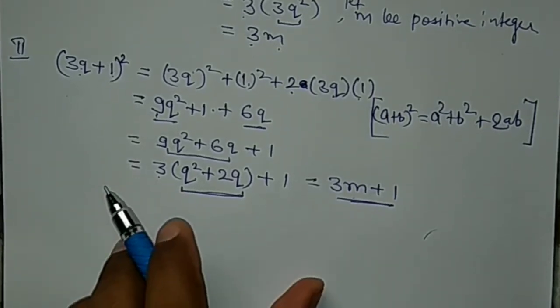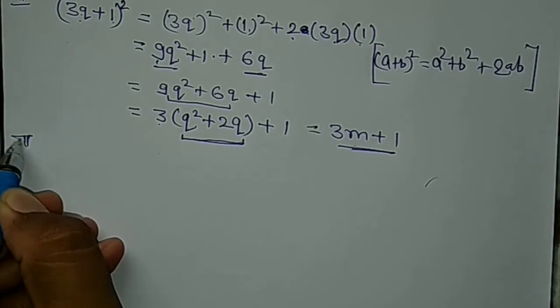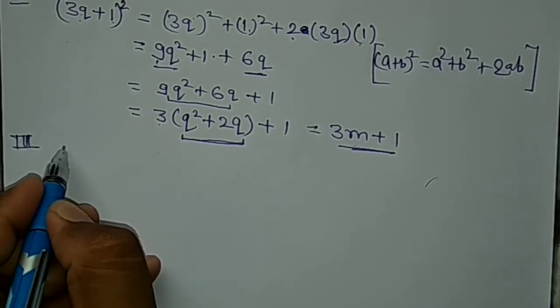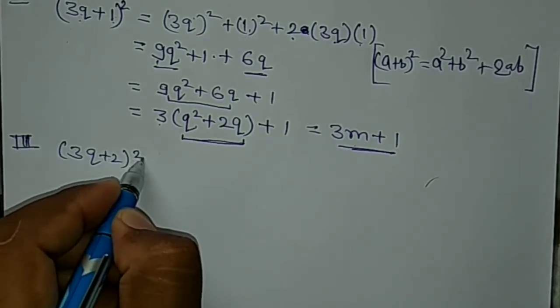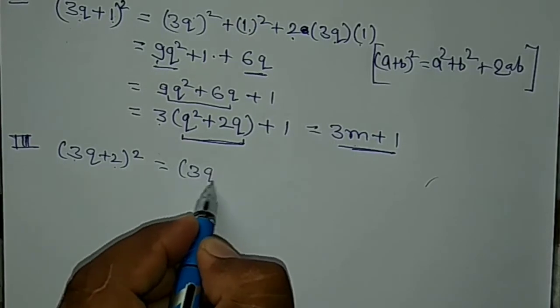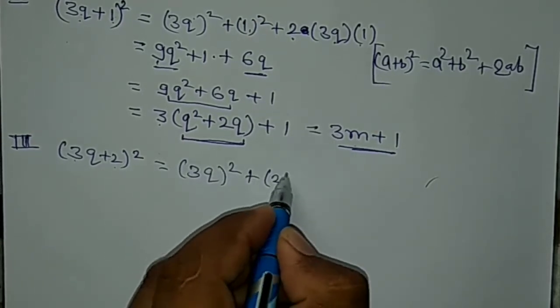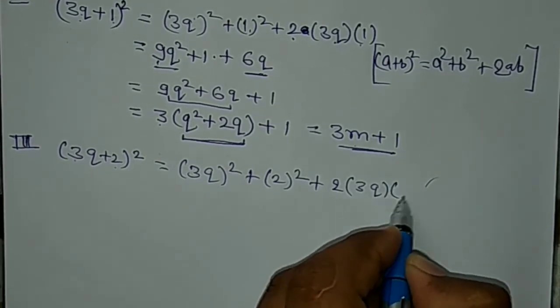Okay, now one more case is left here. The third case is (3q plus 2) whole square. That is (a plus b) whole square, that is a square plus b square plus 2ab. Here ab is 3q into 2.